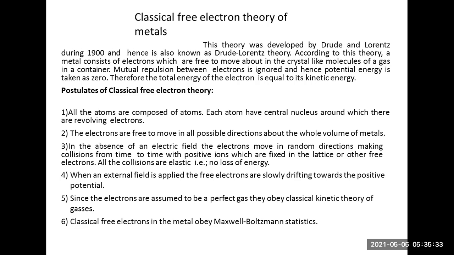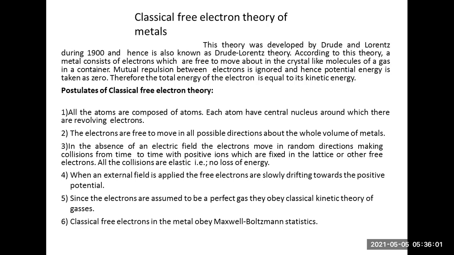This was the basic concept of the atom. When we consider the case of a metal, the electrons are moving freely in all possible directions. This was the assumption made by Drude and Lorentz.